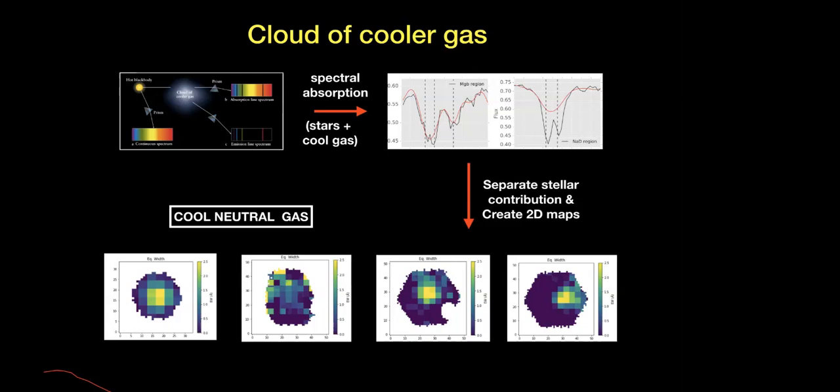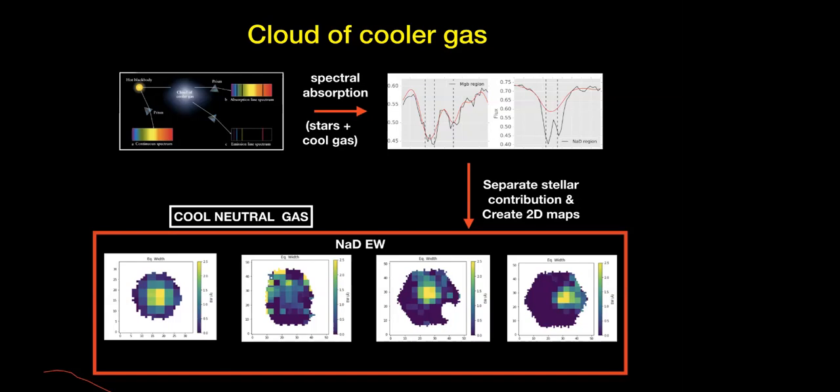Here, first of all, the first observation is that there is lots of cool neutral gas sitting around in the galaxy. And the second observation is that they are all kind of lopsided. They are seen to connect to the center, as if coming in from one side. And we used the sodium doublet line to trace this cool neutral gas cloud.